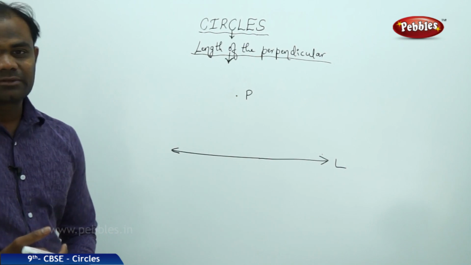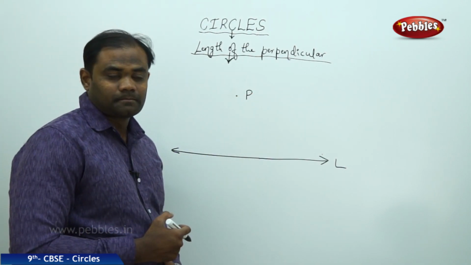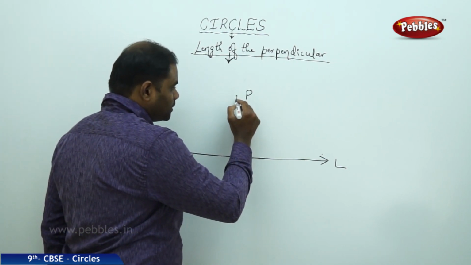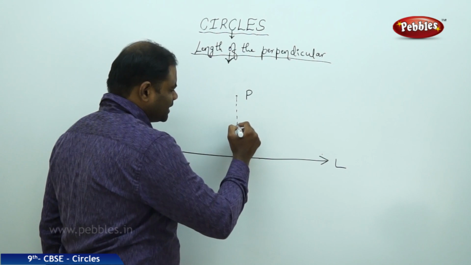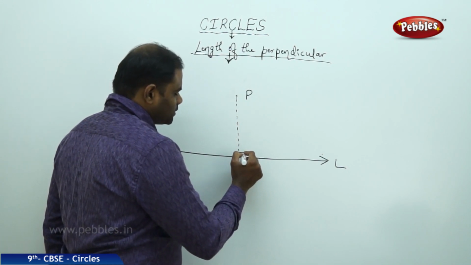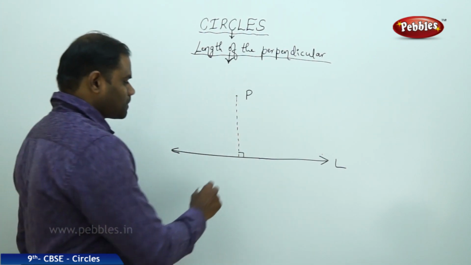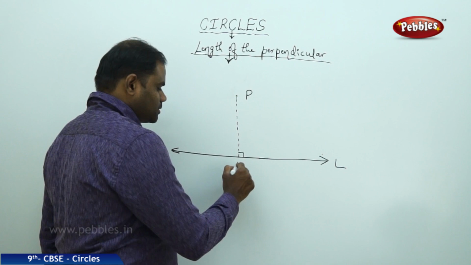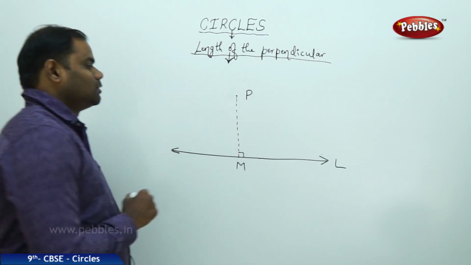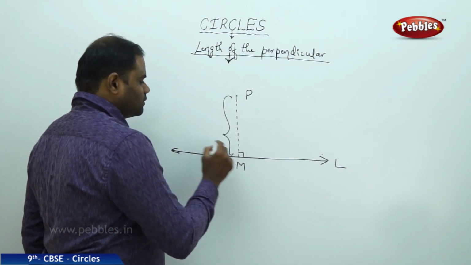So now I would like to define the perpendicular length from P to line L. If I drop a perpendicular from a point P up to the line L, I clearly understand that this gets dropped straight out here, exactly perpendicular. Say it drops at M.